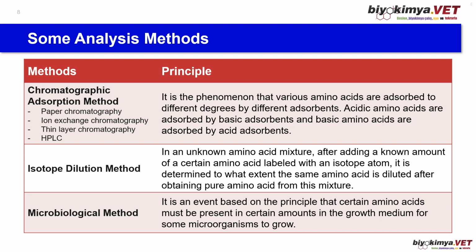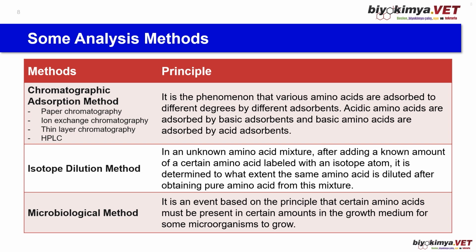As you see here, there are chromatographic methods based on adsorption: paper, ion exchange, thin layer, or high pressure liquid chromatography, isotope dilution method, and also microbiological methods. But recently, the most notable and widely used ones are actually mass spectrometry, electrophoresis, as well as the chromatographic techniques.